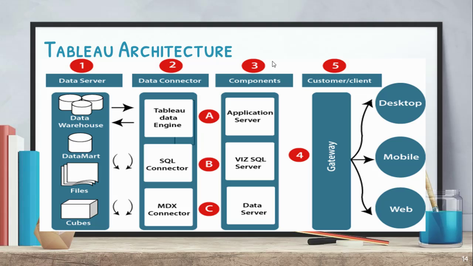In the absence of an external load balancer, the gateway also works as a load balancer. For single server configuration, one gateway or primary server manages all the processes. For multiple server configuration, one physical system works as a primary server and the others are used as worker servers. Only one machine is used as a primary server in a Tableau server environment.